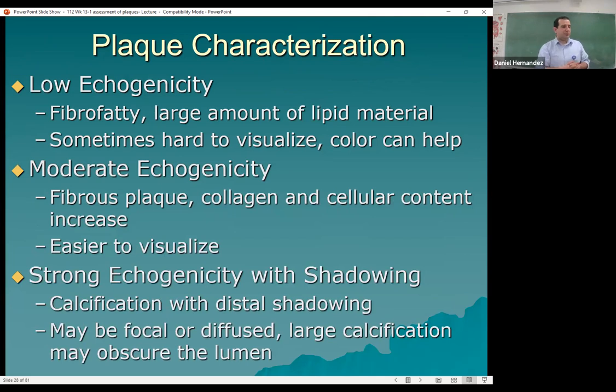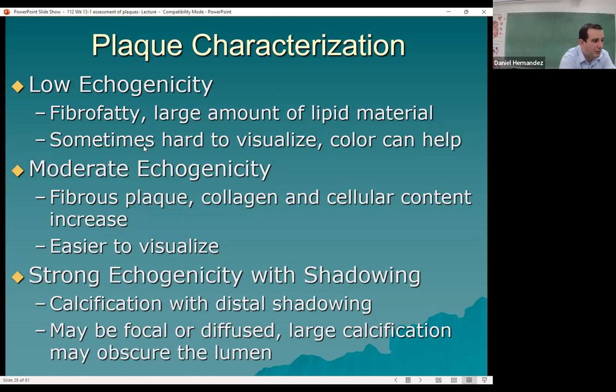So with plaque characterization, we can talk about that plaque's echogenicity. If it has a low echogenicity, it's very hypoechoic, dark. These contain a large amount of lipid material, and they can be hard to visualize sometimes, and our color Doppler can help.